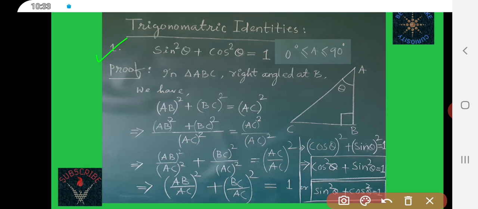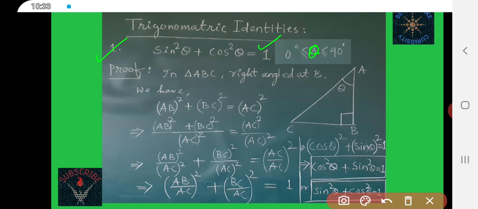First, sin square theta plus cos square theta is equal to 1, where this is theta. Okay, theta lies between 0 and 90, that is theta is equal to 0 and 90.